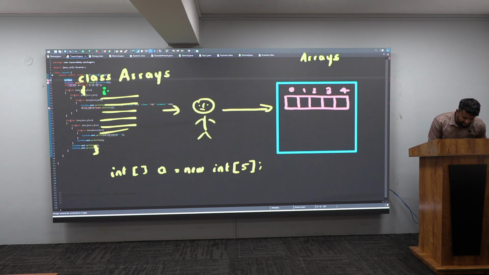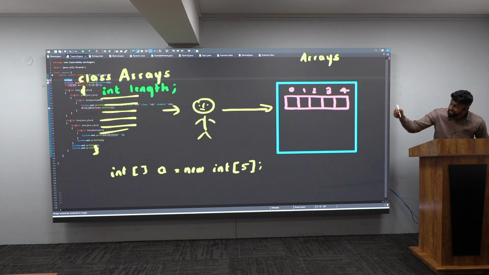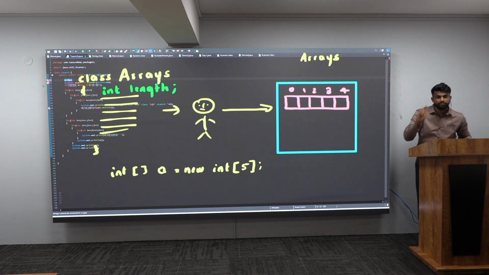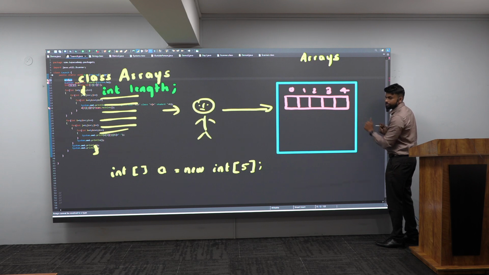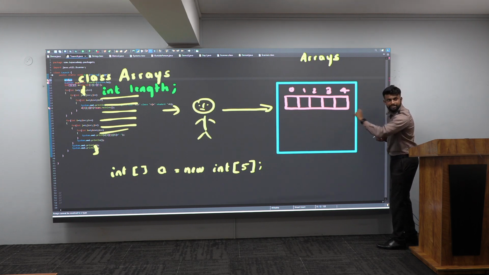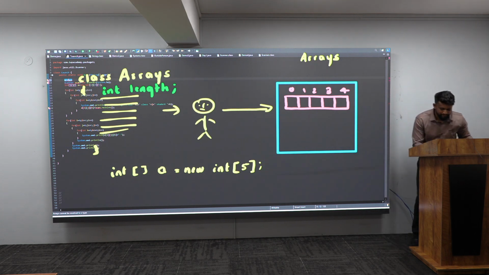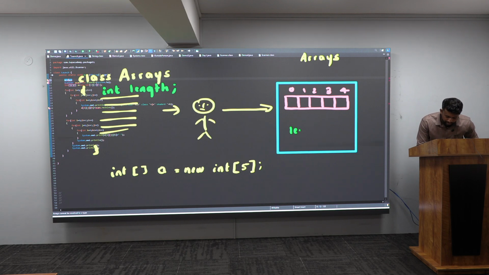There is one instance variable in arrays class. I haven't created it. The creator of arrays has created it. What is the name of the variable? Length is the name of the variable. Now think and tell me, what this object is having? The same length it is having. Yes or no? So now, you will be having something known as length.